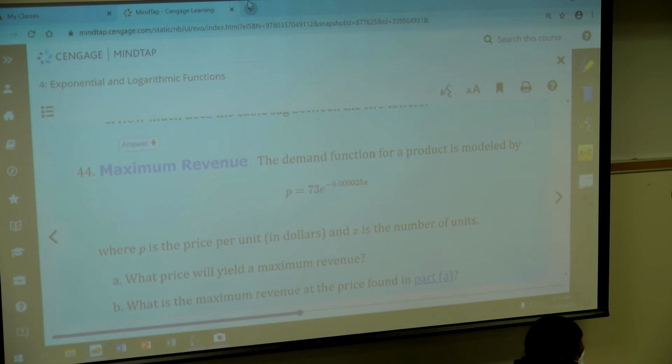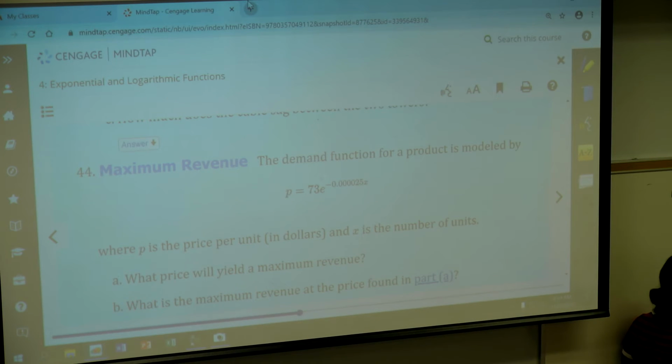It would be e^(3x), and then you'd have 18x plus 21. That's what you would have. Could you explain how you got 2 there again?